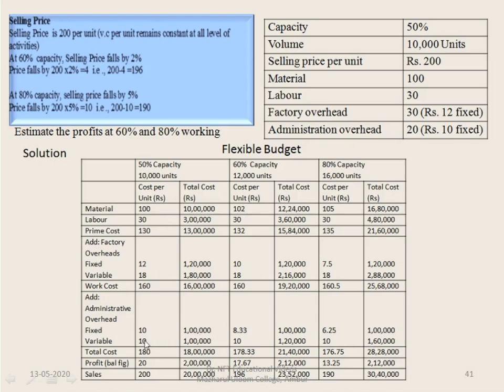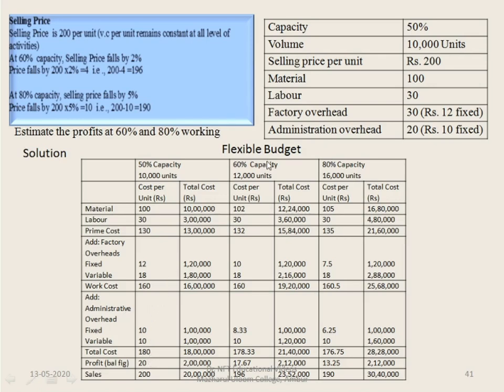In case of fixed, it is 1 lakh, 10,000 into 10. The total fixed cost is constant. Find out the cost per unit for 60% and 80%. When you add these up, you get the total cost and total cost per unit.